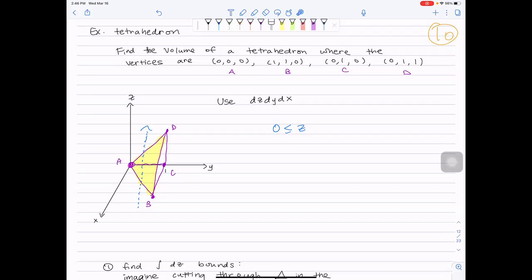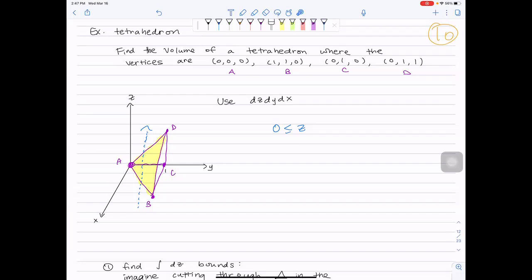Then DA is going to be 0, 1, 1. Now we have two vectors, AB and AD. If we take the cross product, we know that it is always orthogonal to both of these, so the cross product gives us our normal vector. The cross product is 1, negative 1, 1.